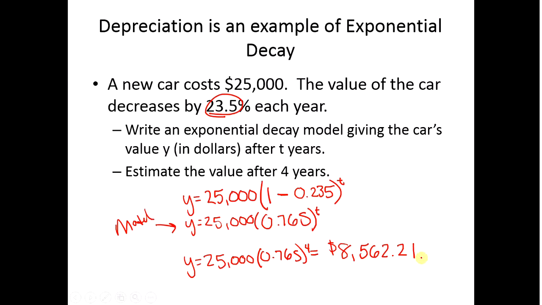Notice how fast my car dropped in value. In 4 years, over half of my car's value has depreciated. That is why new cars drop in value exceptionally fast. It's kind of amazing how fast they drop.